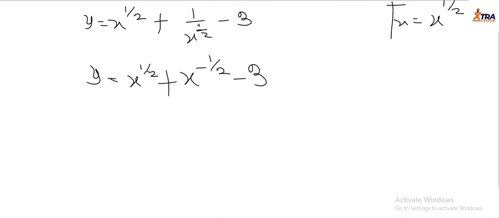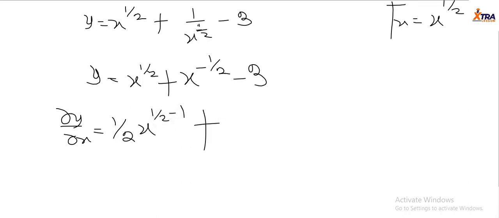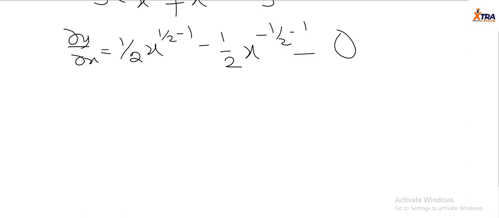So now let's differentiate dy over dx. We have 1 over 2, x to the power 1 over 2 minus 1, plus, this is having minus, coming down, it becomes minus half, x to the power minus 1 over 2 minus 1. This is a constant, that becomes 0.